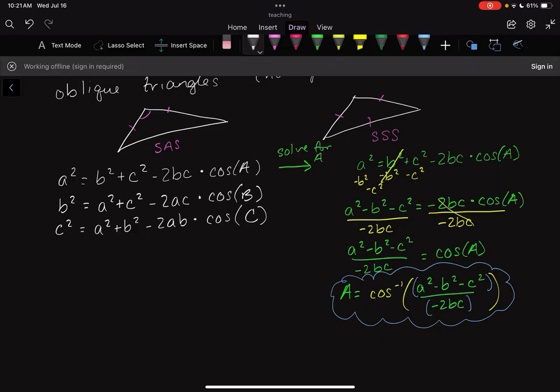Your homework in the textbook is going to tell you that if you have an angle across from its side, you should switch to using law of sines. I think you should exercise a lot of caution when doing that because I see a lot of times people will end up with the wrong answer.